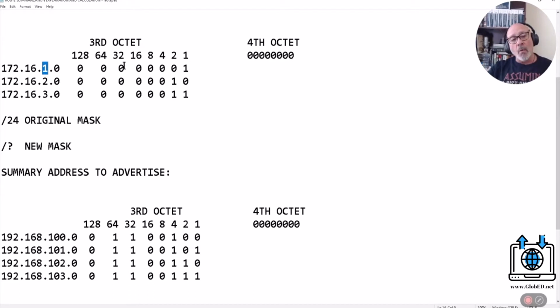So when I turn this into binary, I'm going to look this way, because the original mask, just so you know, is a 24. If you didn't guess it by now, it's a 24-bit mask. That's the original mask. So I'm going to look from left to right, at all these bit value columns, and check if there are any uncommon bit values.